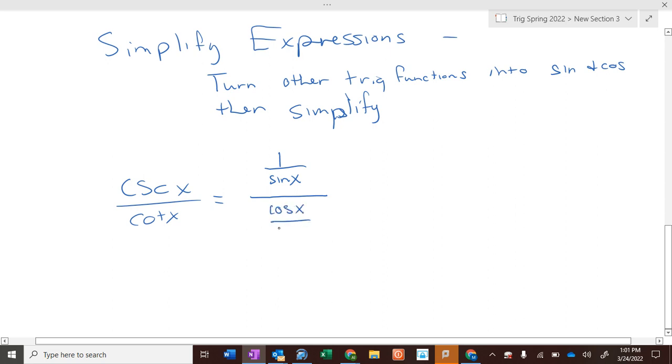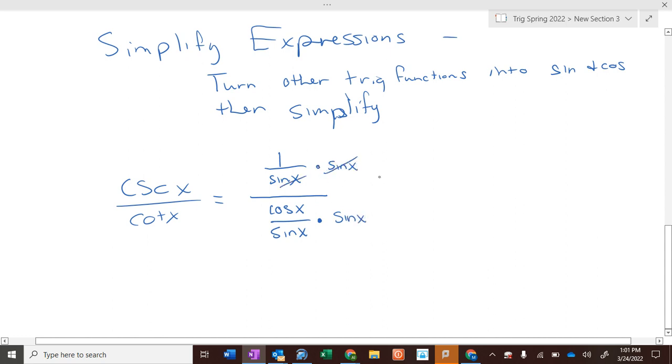Cosine of x over sine of x. Okay, so we took a nice little fraction and made it a complex fraction. How can we get rid of a complex fraction? By multiplying by the denominator of the denominator. So let's multiply by the denominator of the denominator. Multiply both top and bottom by sine of x.